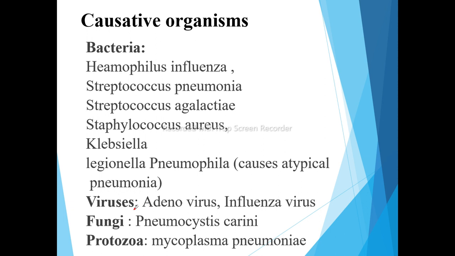Then we also have viruses. Under viruses, we have the adenovirus and the influenza virus. Under fungi, we have Pneumocystis jirovecii, formerly Pneumocystis carinii. This is the type of fungi that causes Pneumocystis pneumonia.